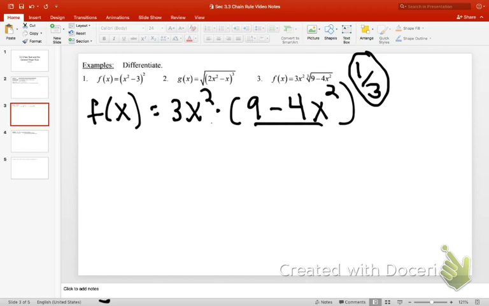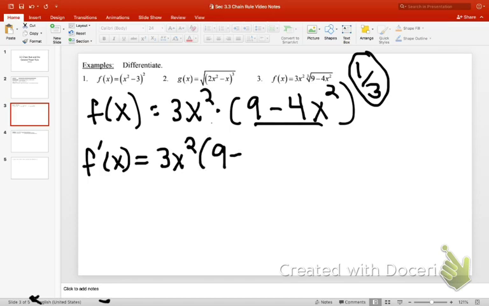If I want to find the derivative of this function, we're just going to write this out the long way initially. It is the first times the derivative of the second. I'm not actually taking this derivative yet, I'm just showing what I'm going to be doing.